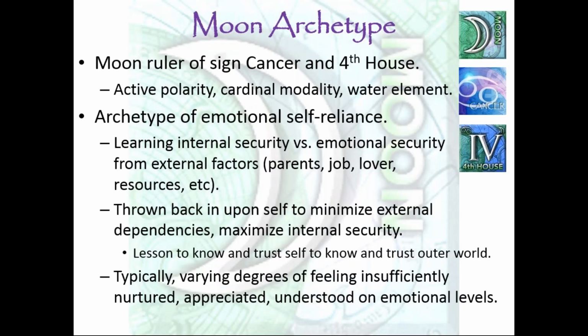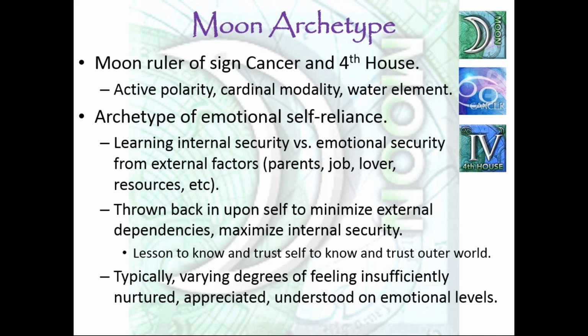When we look at the moon, it is the ruler of the sign Cancer, and it is the ruler of the 4th house in the natural circle of the 12 houses. And this archetype, Cancer in the 4th house, is the active polarity, energy moving out from the center. It is the cardinal modality, meaning it is always about initiating things.